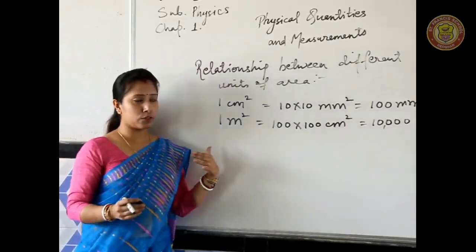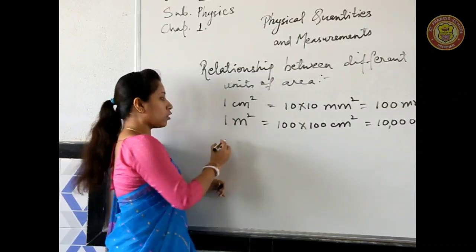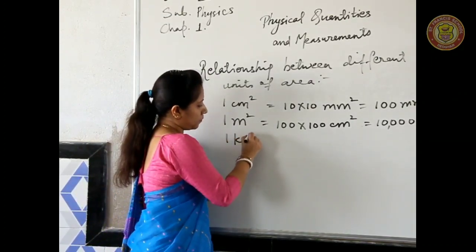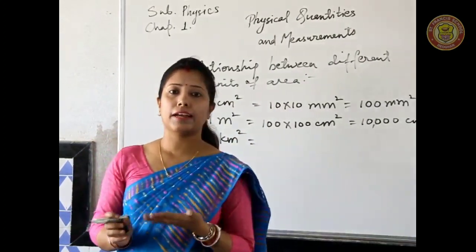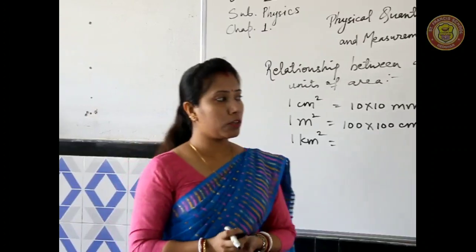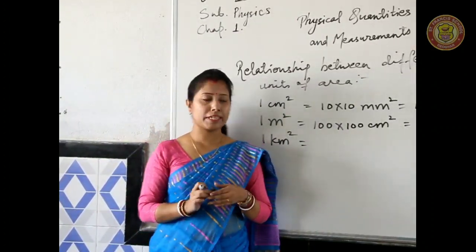Next we move on to the greater unit of length, that is kilometer. What is the relationship between kilometer and meter? We all know that 1 kilometer equals 1000 meter.